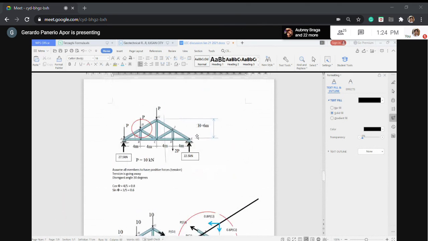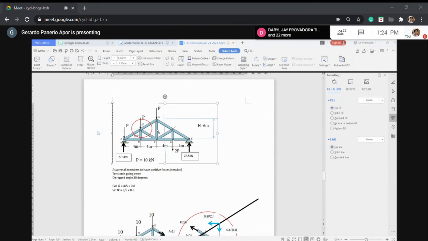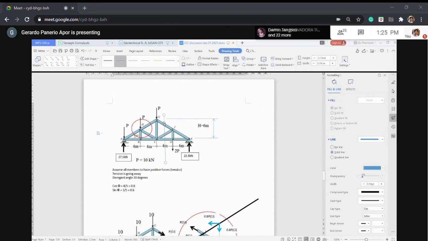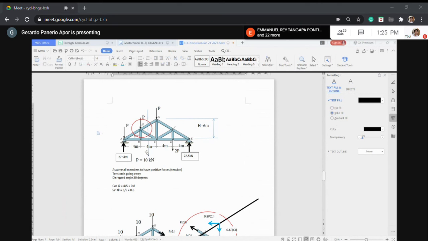In doing that, because you are interested in this member, this member, this member, you are going to imagine you are holding a wakasashi, and then slice it here. That will result into two substructures, the left and the right.